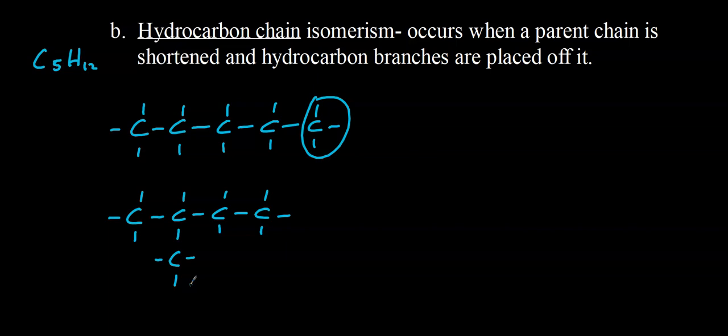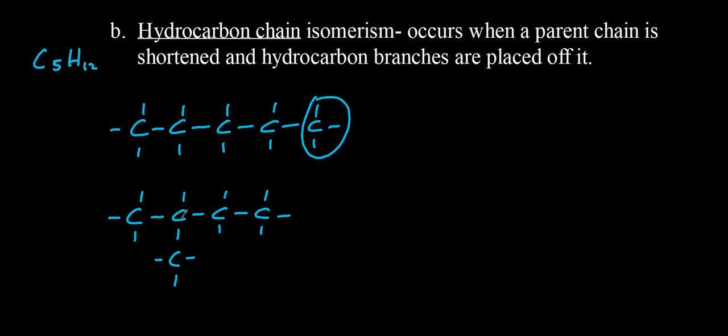Why no number needed? Well, if we put the methyl group on this carbon, that's still on number 2. If we put the methyl group on this carbon here, that's still pentane. So it can only go on carbon number 2. There's only carbon number 2 to put the methyl group on, so no number is needed. So methylbutane. There's one more.